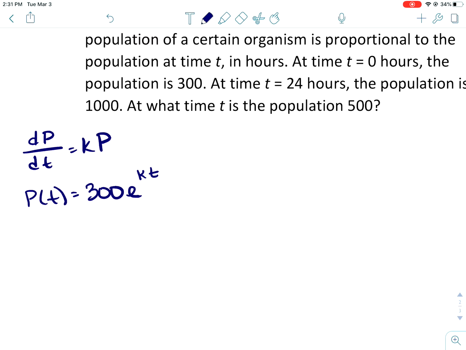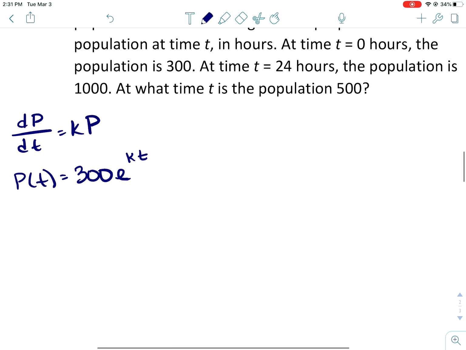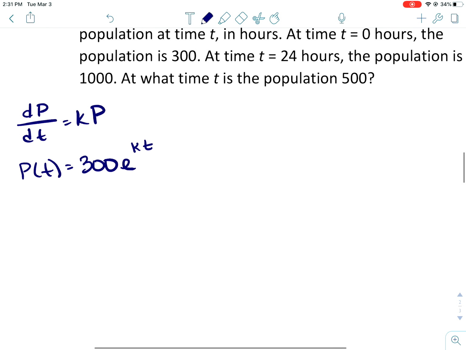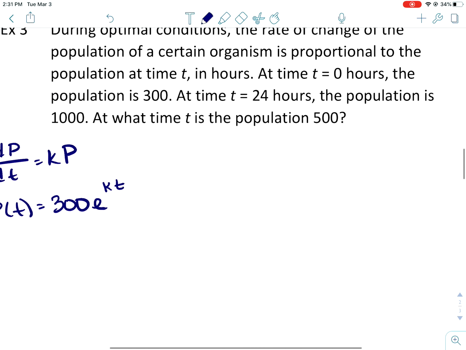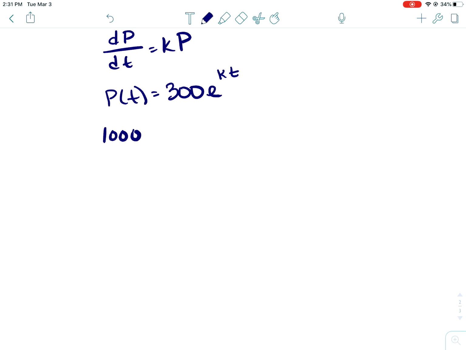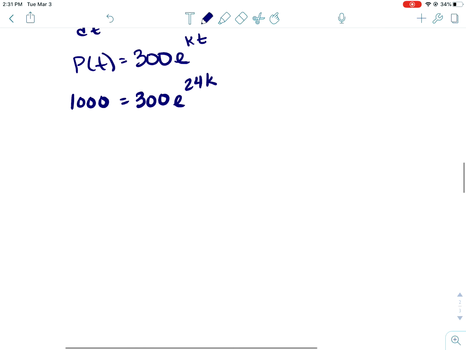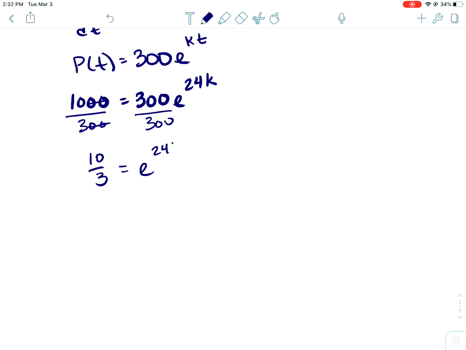Now the thing that's kind of crazy about this one is the numbers don't work out as neatly as the one we just did. So when I put in 24 hours and 1,000 organisms, it just doesn't divide out too nicely. So we get 10 thirds when we divide. Okay, and then same steps.